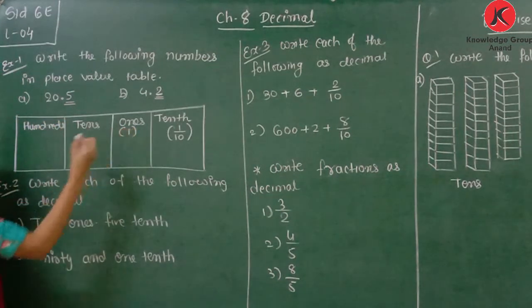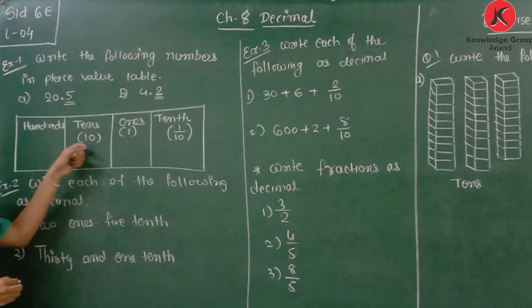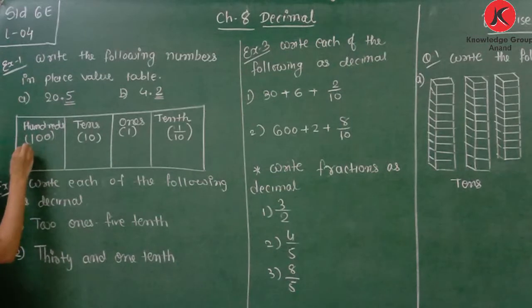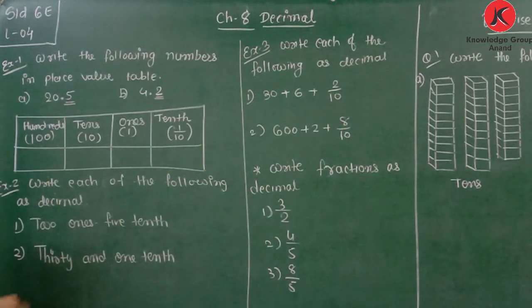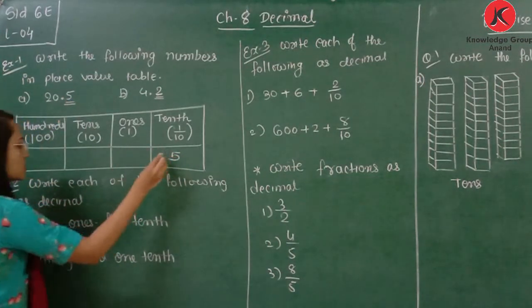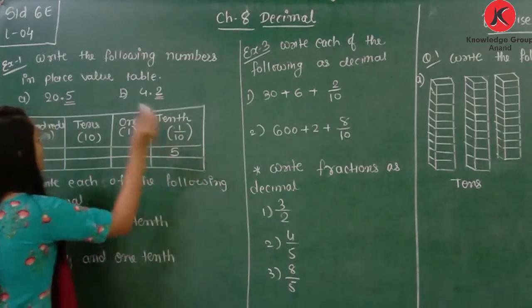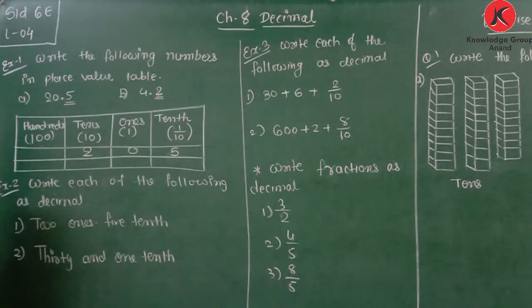Ones means it is multiplied with 1 to get a place value. Tens means it is multiplied with 10, and 100 means it is multiplied with 100. If the third digit is not there, then you can write 0. So here 20.5: 5 will be at the 10th place, then 0 will be at the 1's place, and 2 will be at the 10's place.